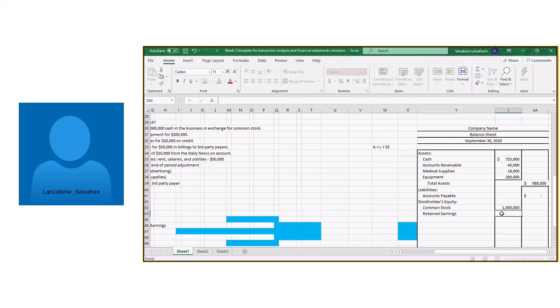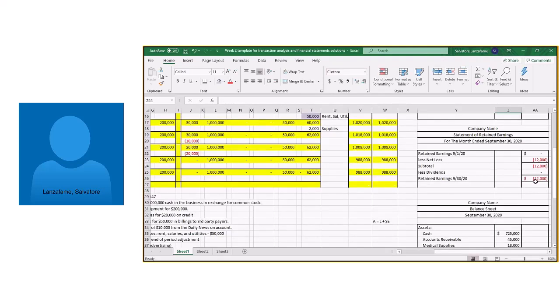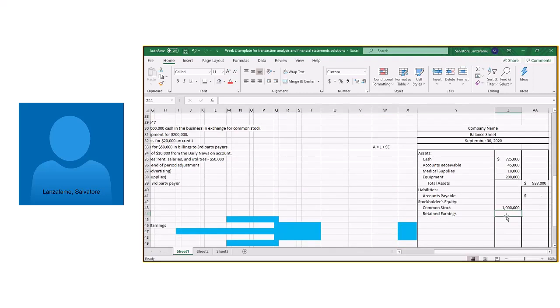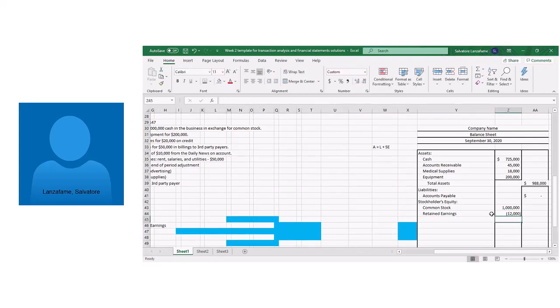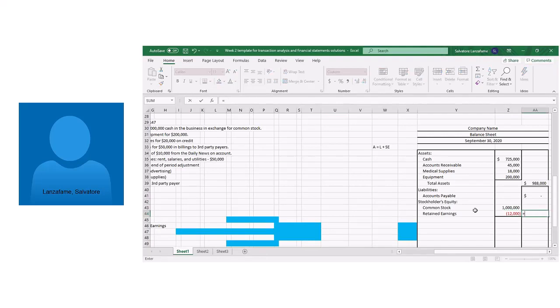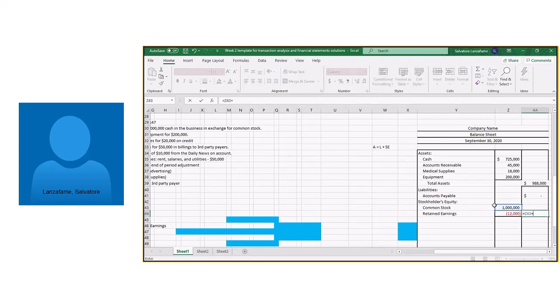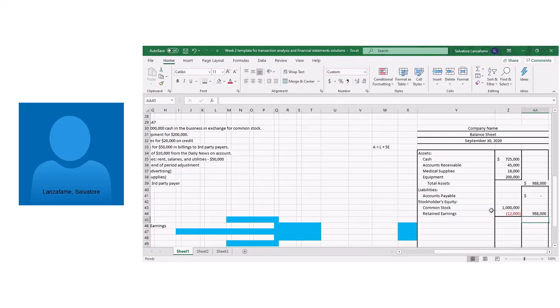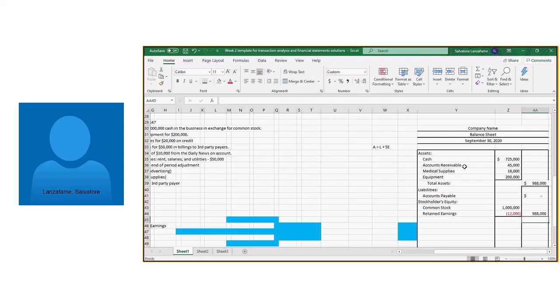The retained earnings, we want to take the answer from the retained earnings statement. That was a negative $12,000. So $1 million minus the 12 is going to give us 988. And I'm going to add that 988 to the 0.